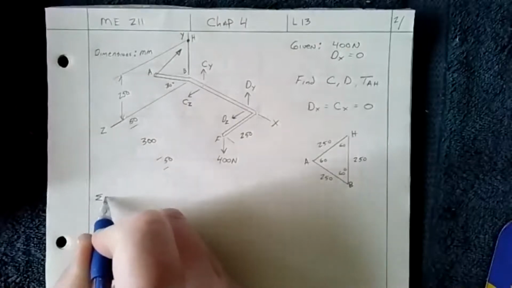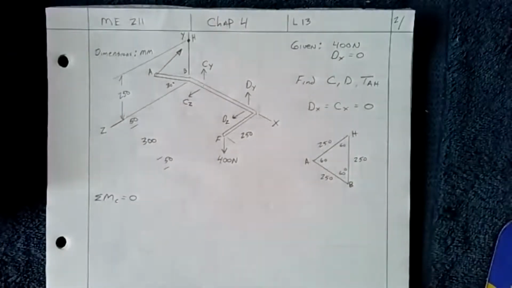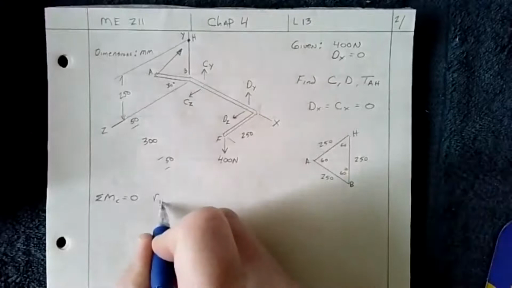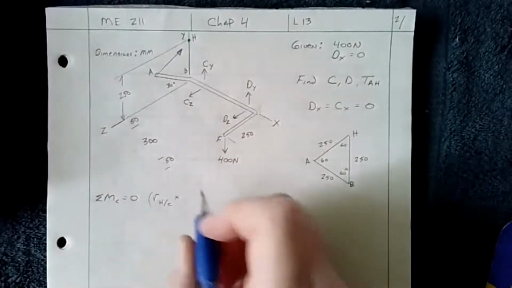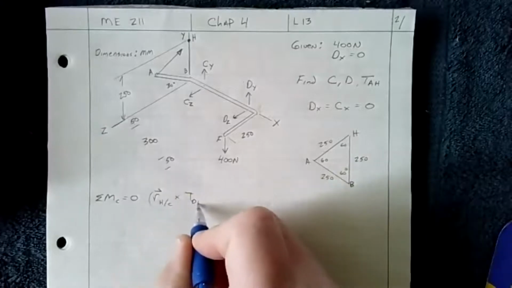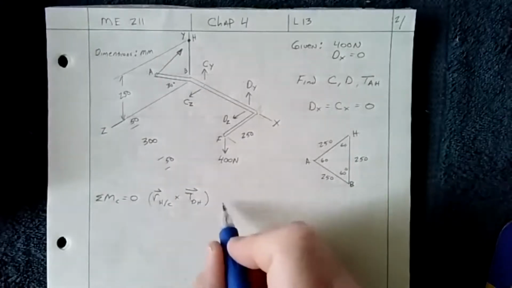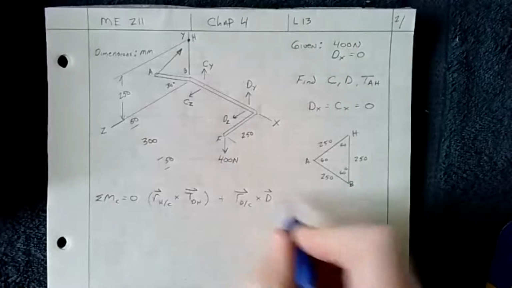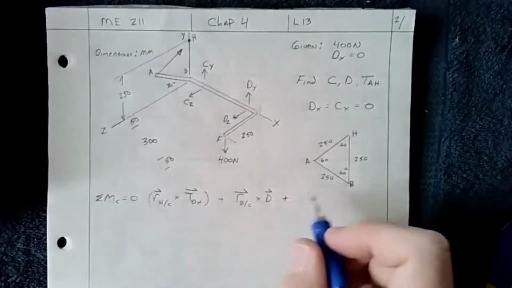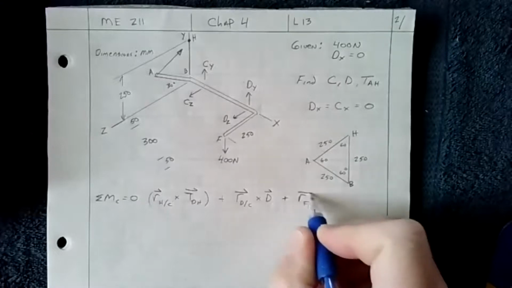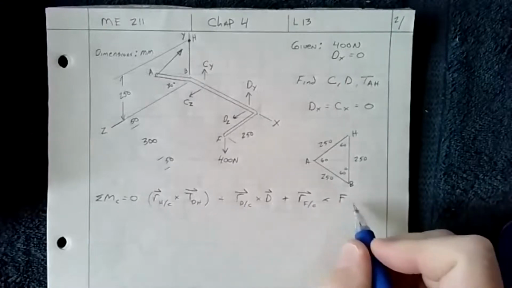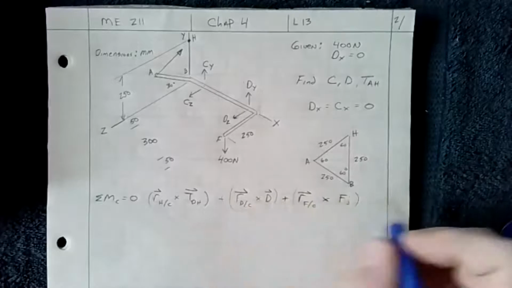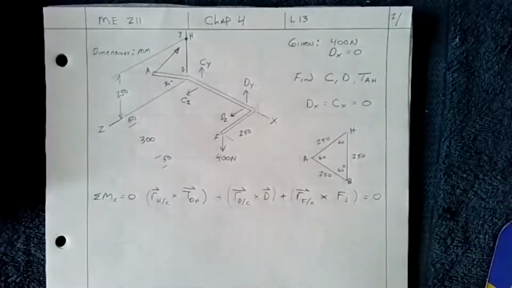If we sum the moments about C to zero, then we have H relative to C crossed with the tension, plus D relative to C crossed with D, plus F relative to C crossed with the force in the J direction, and that all equals 0. So that's my governing equation.